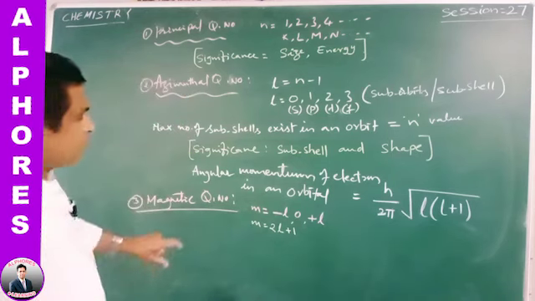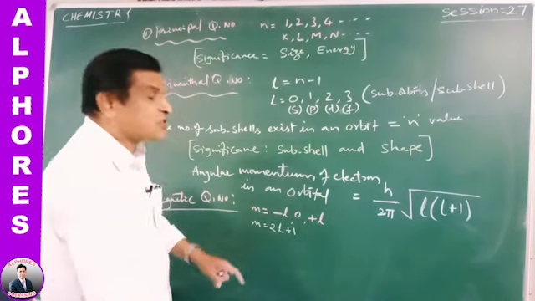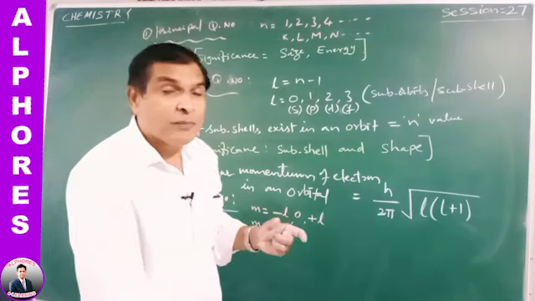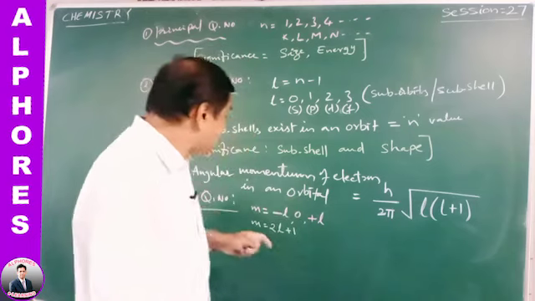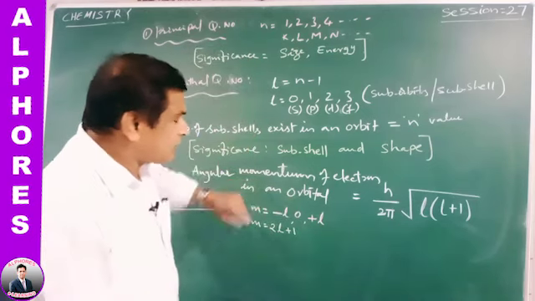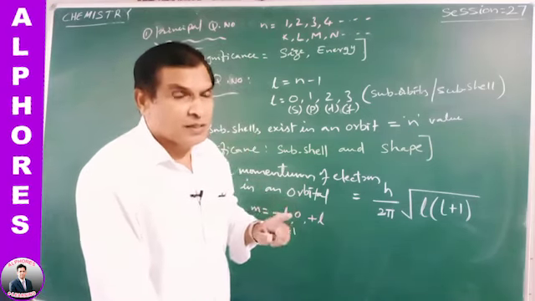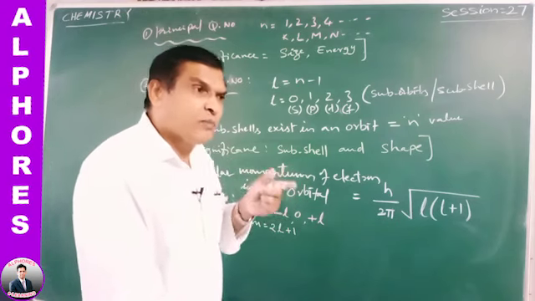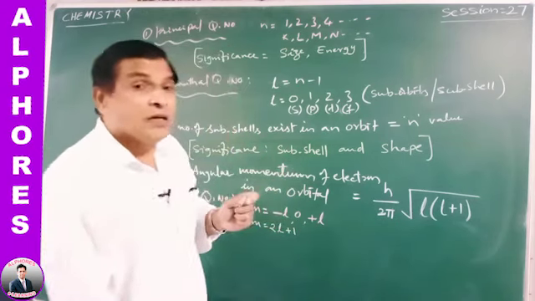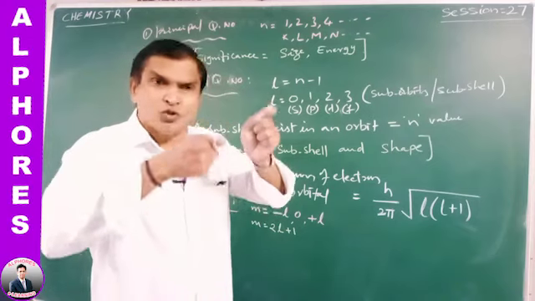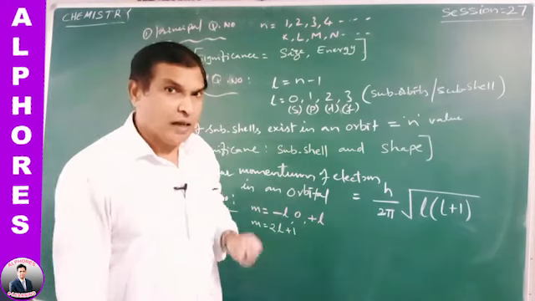2L plus 1 indicates the number of orbitals present in a subshell. Remember, M indicates the orientation of the suborbit, and each value represents an orbital.